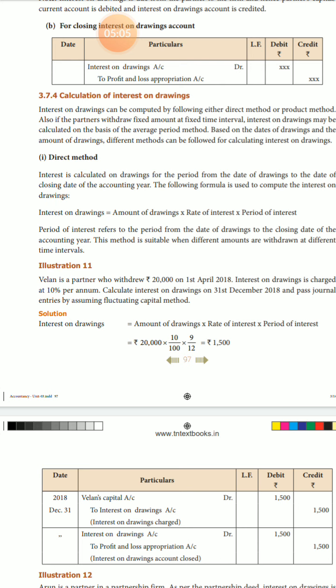April, May, June, July, August, September, October, November, December. The account is closed on December 31st. How many months? Nine months, 9 by 12. Cancel the zeros: 2000 into 9 by 3. If you calculate, 1,500 is the answer.